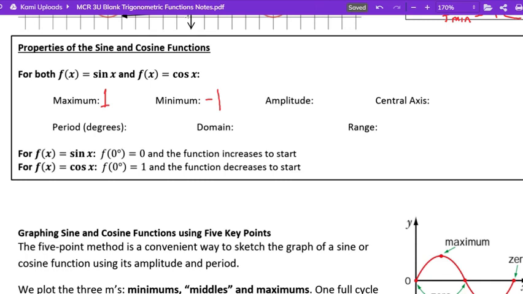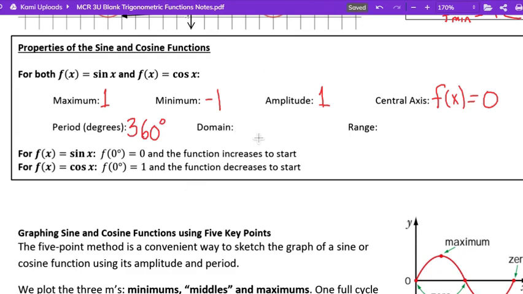Is it 2 or is it 1? 1, because you go from the central axis to the peak. So the amplitude is 1. The central axis is always f of x equals 0, or y equals 0. It's a horizontal line. The period is 360 degrees, as we said.